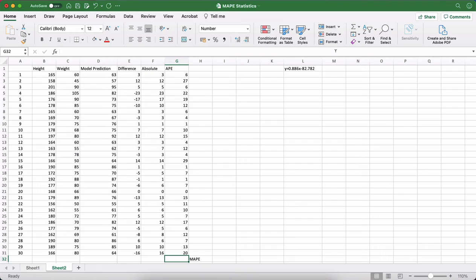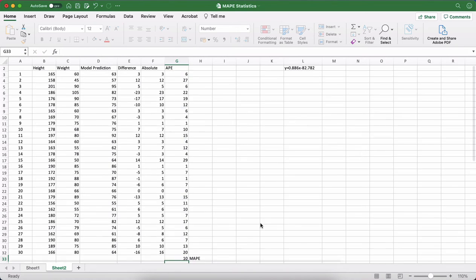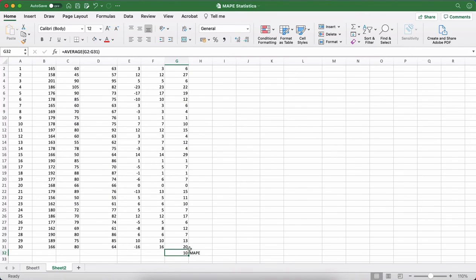So to calculate the mean, we just have to calculate the mean of the whole column here, column G. So equal, and then the command for mean on Excel is just average. And then we just highlight the whole column and close the bracket and press enter. Okay, so 10% is the average percentage error.